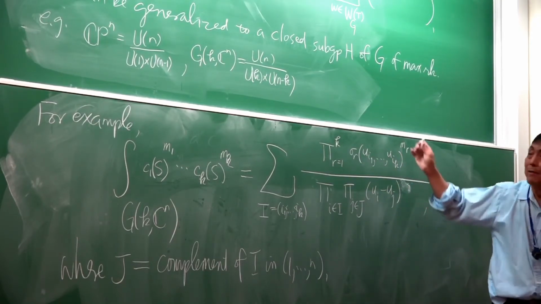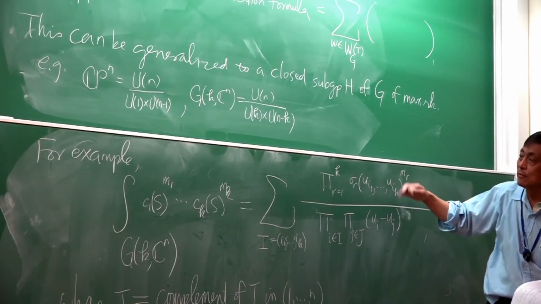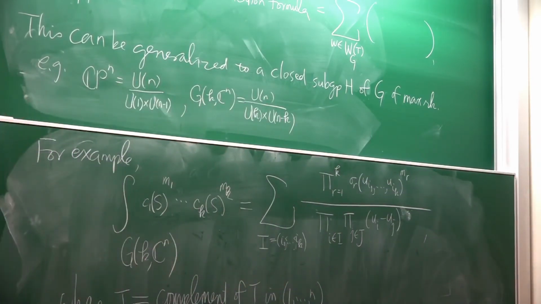And so the localization formula gives you all kinds of interesting identities.